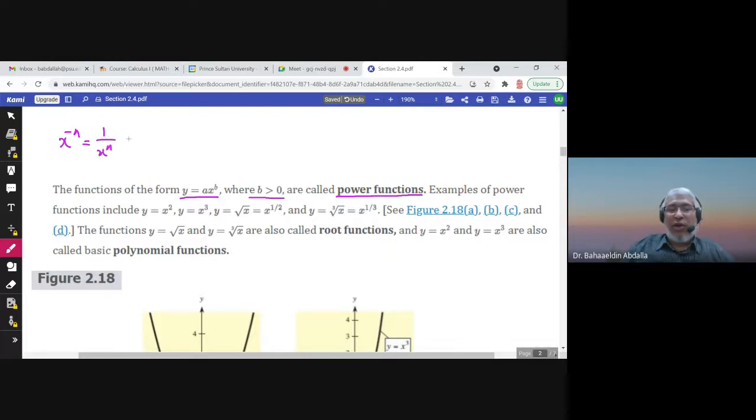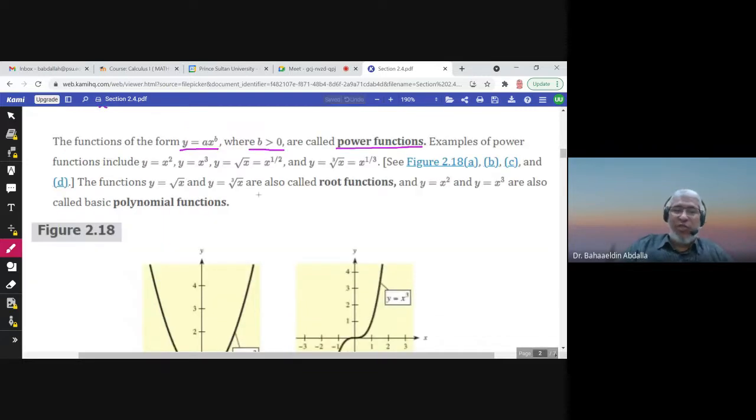So x to the power -1 would be 1 over x. x to the power -2 would be 1 over x squared. So if you have a negative power, then you don't have x to the power b in the numerator. You have it in the denominator. And if you have it in the denominator, it would be a rational function, not a power function. So to keep it a power function, b, the power of x, has to be always greater than 0.